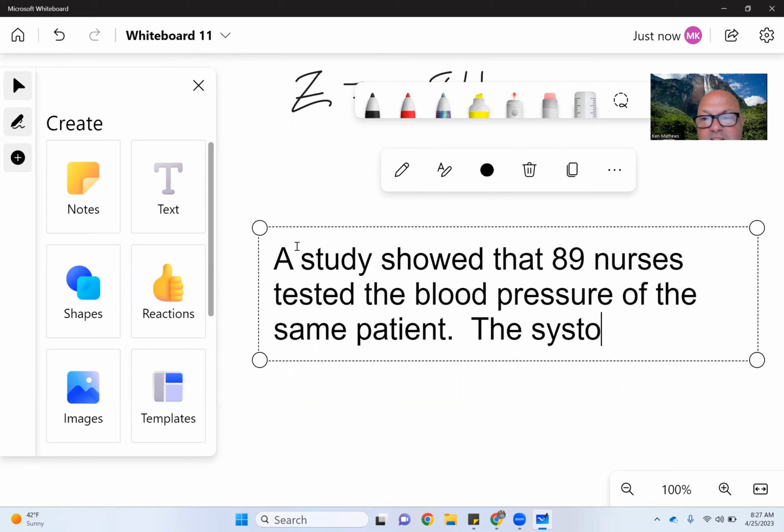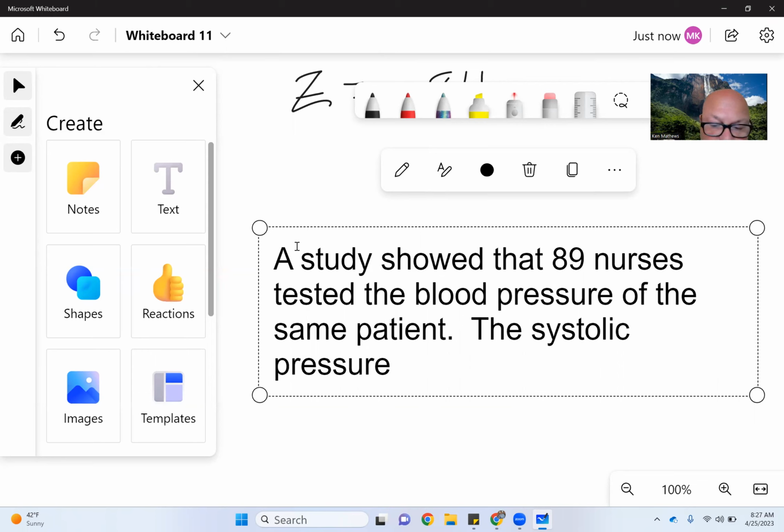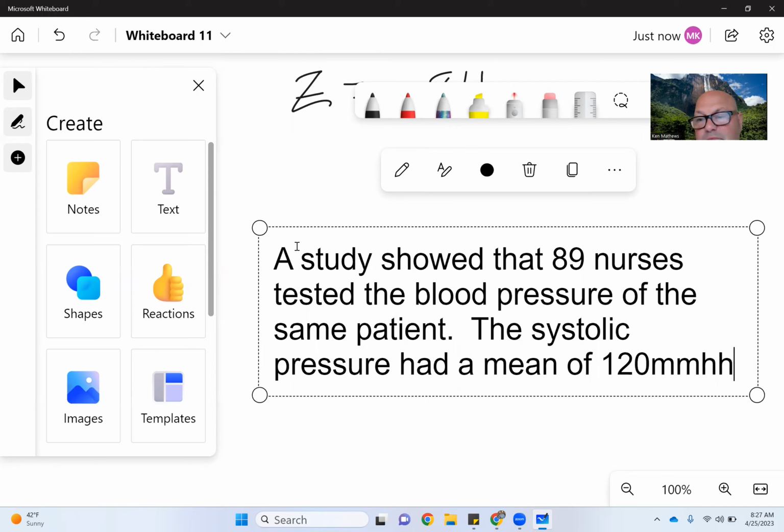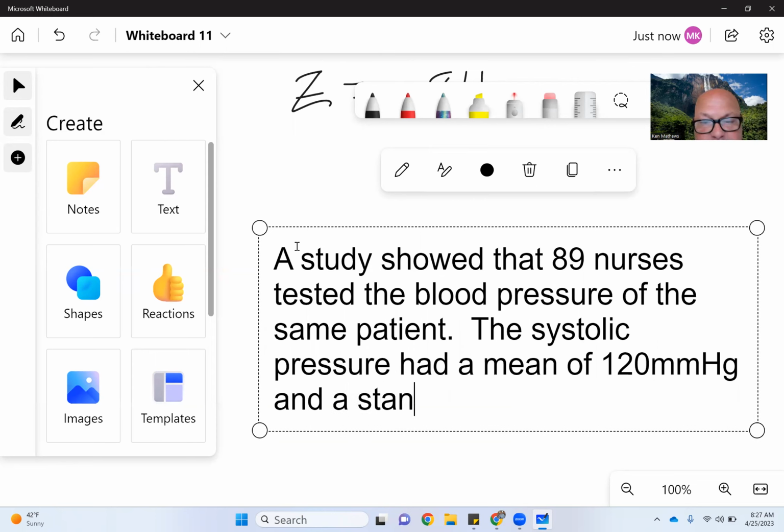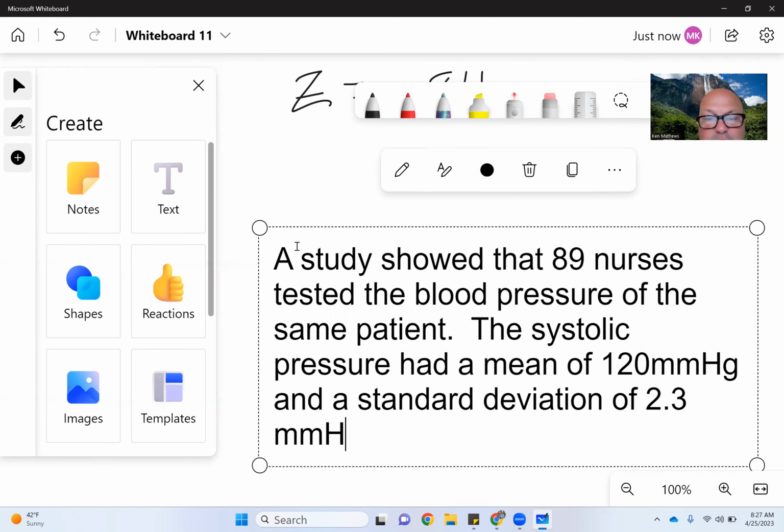The systolic pressure had a mean of 120 millimeters of mercury and a standard deviation of 2.3 millimeters of mercury.